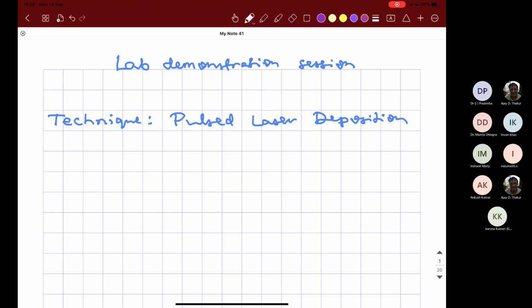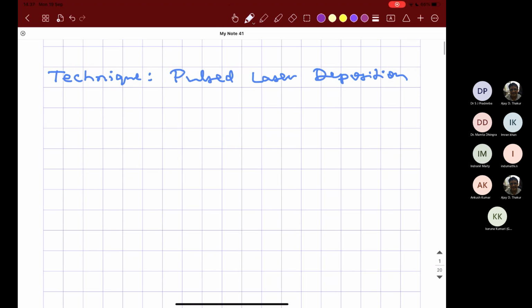So before we get into the details of what this technique is all about, it is important to know some of the applications of this technique. Where are these pulsed laser deposition grown films utilized?